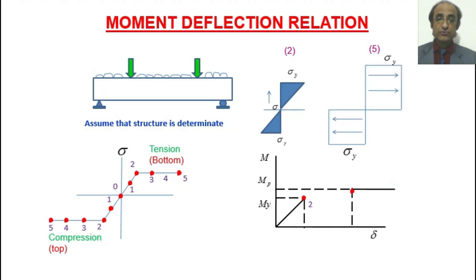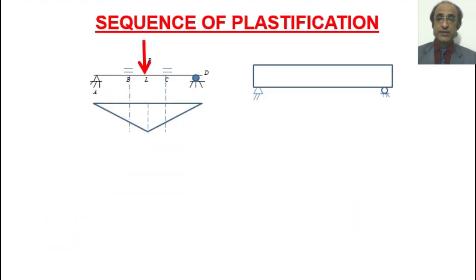And in between the two, at point number 2 the state of stress is like this, at point number 5 we have the state of stress like this. So in between the curve will be like this. So just like we have derived the expression for moment curvature, we can similarly derive an expression for moment deflection also.